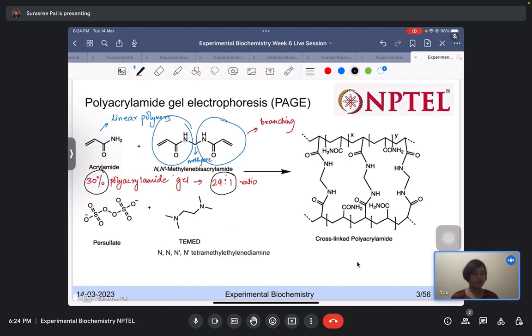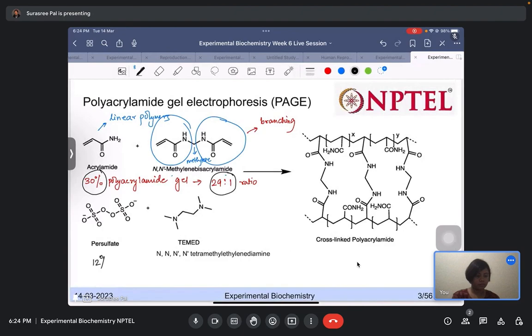So if it is a 12% polyacrylamide gel and a 15% polyacrylamide gel, then the 15% gel will have smaller pores, whereas the 12% gel will have bigger pores. So as gel percentage increases, the pore size decreases.